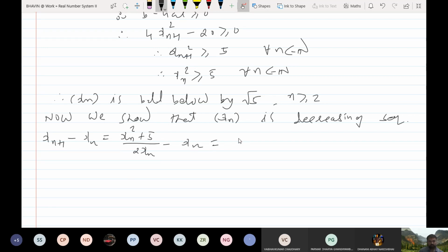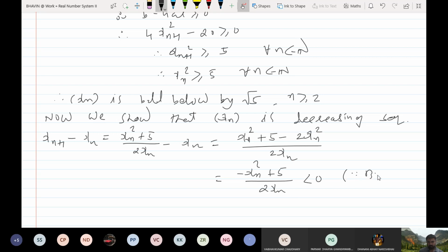So by simplifying this, I will get, upon 2xn, so this is nothing but minus (xn square plus 5) upon 2xn, which is less than 0, and xn's are strictly greater than 0 for all n.